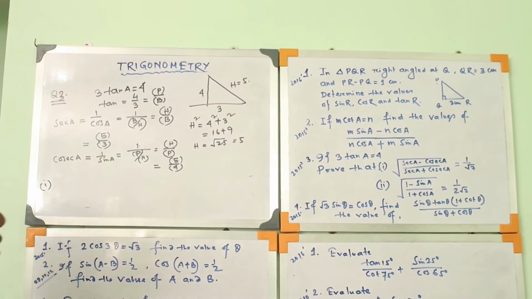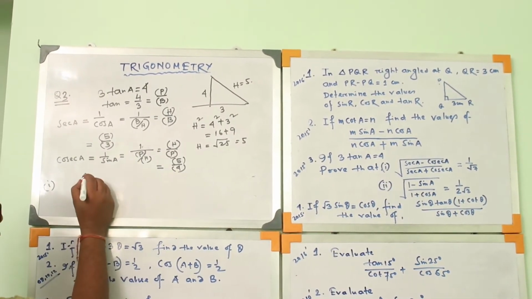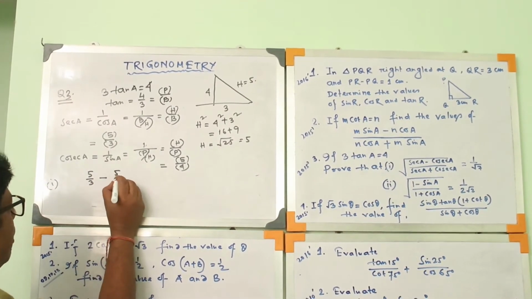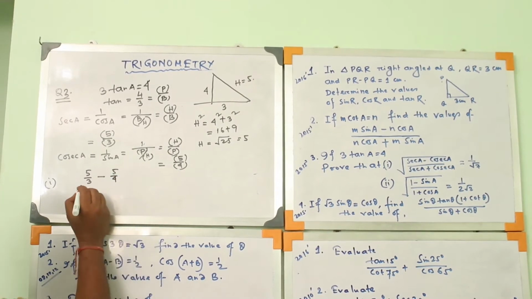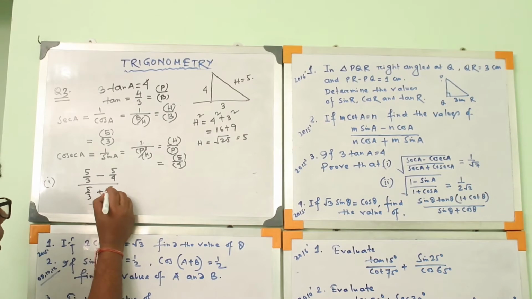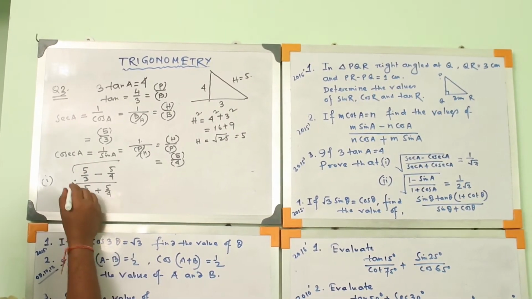So first equation is square root of sec A minus cos A by sec A plus cos A. By putting these values, 5 by 3 minus 5 by 4, and this is equal to 5 by 3 plus 5 by 4, whole square root.